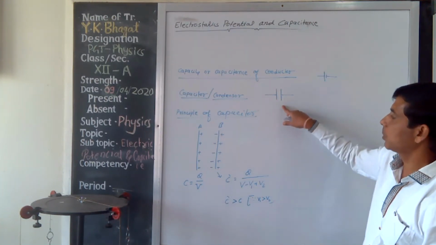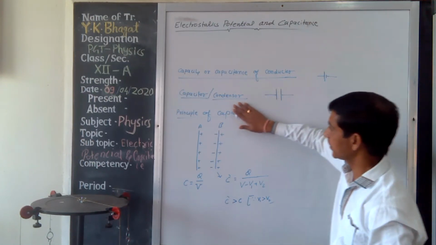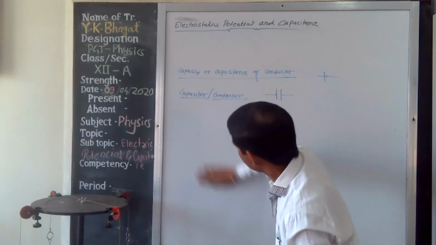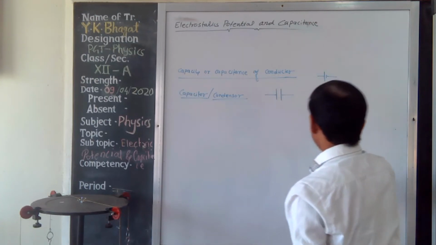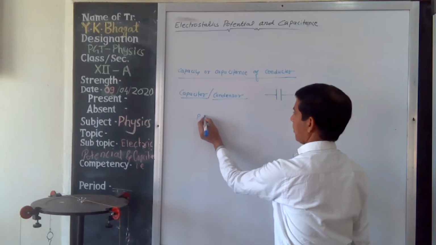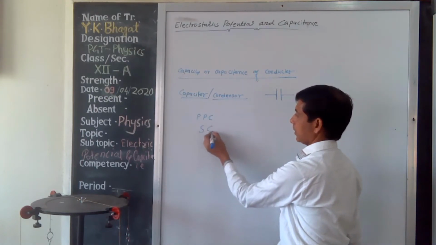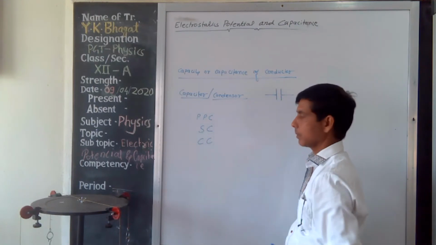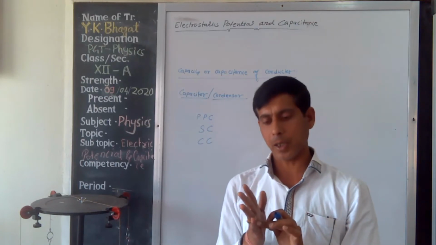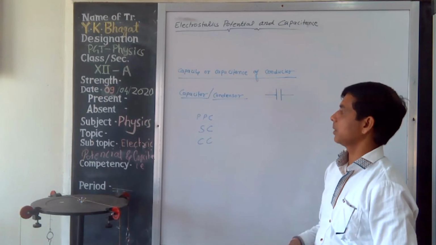So please draw 2 equal lines to represent the symbol of a capacitor. Mainly there are 3 types of capacitor: parallel plate capacitor, spherical capacitor and cylindrical capacitor.